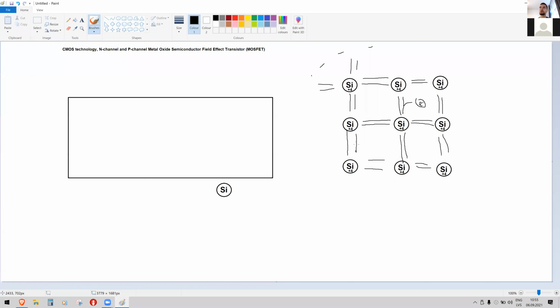But some other electron heats up and also jumps out of its place, wanders around a little bit, and then falls back. And the number of electrons which are wandering around is just proportional to temperature. You heat this material up more, more of these electrons have enough energy to jump off their place and start wandering around. And this is the reason why if you heat up a semiconductor, it actually becomes a better conducting material.